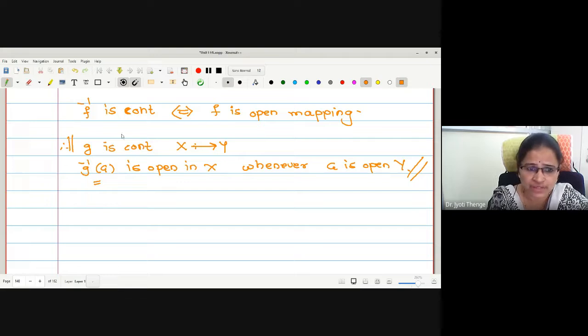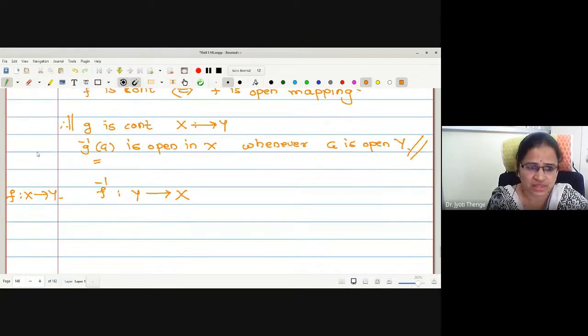Now let me apply the same condition for F inverse is continuous. Suppose F is a function from X to Y. Then F inverse will be a function from Y to X. Now we will apply this theorem.